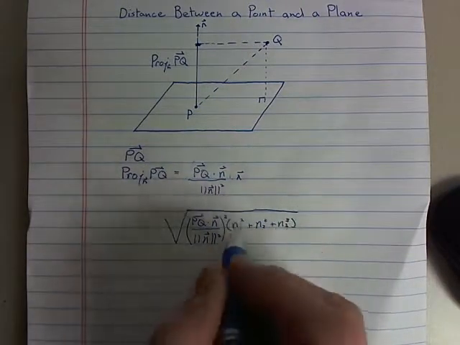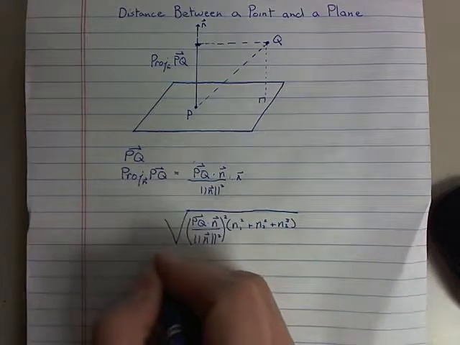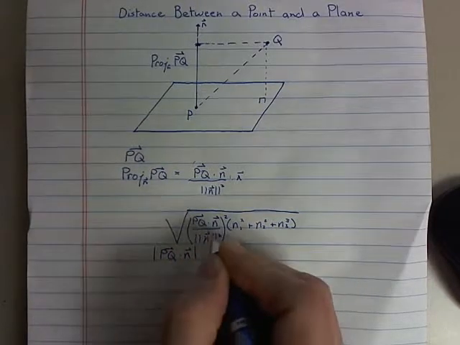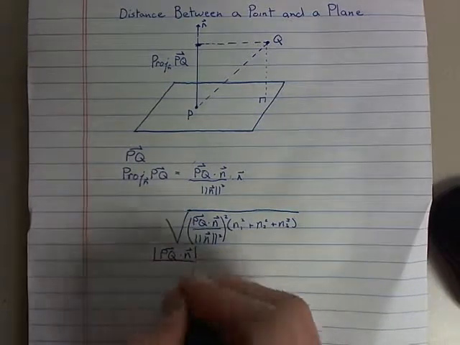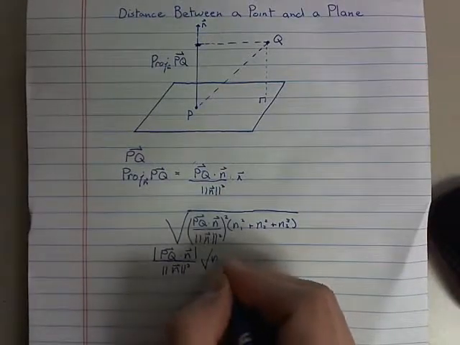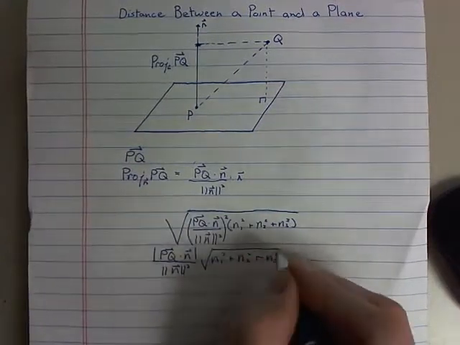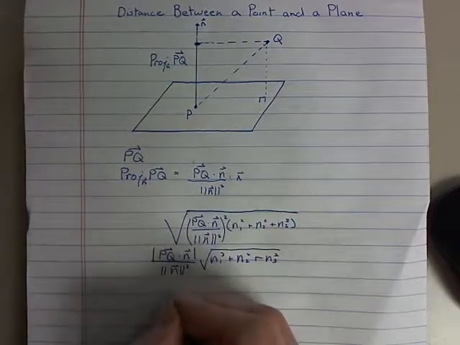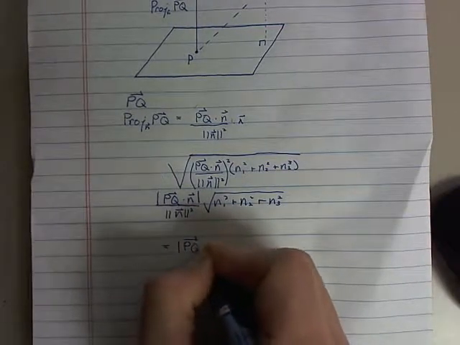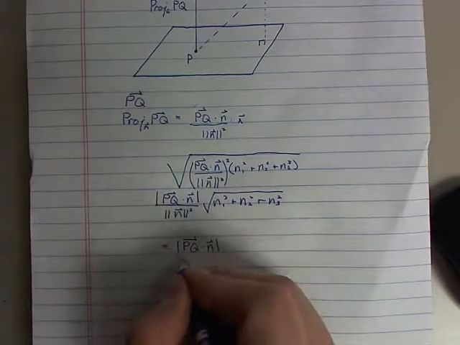Now if I take the square root of this thing that's squared here, on the outside you're just going to get the absolute value of PQ dot N, and down in the bottom I'm just going to get the magnitude of N squared, and then I have this left, N1 squared plus N2 squared plus N3 squared, which is the magnitude of N. So now here's what I have: the absolute value of PQ dot N. Now it's absolute value and not magnitude, because this dot product, remember, is a scalar.